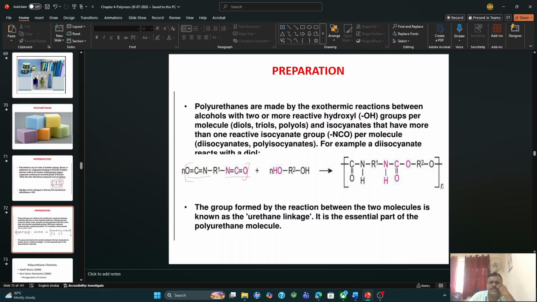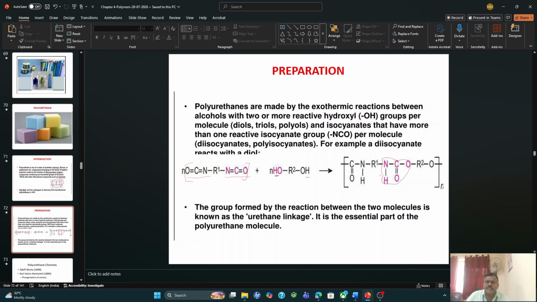So what happens? This is the product. We need to have these functional groups. This is the functional group responsible for the polyurethane. If you see the reaction, it's very simple. This hydrogen migration is taking place.